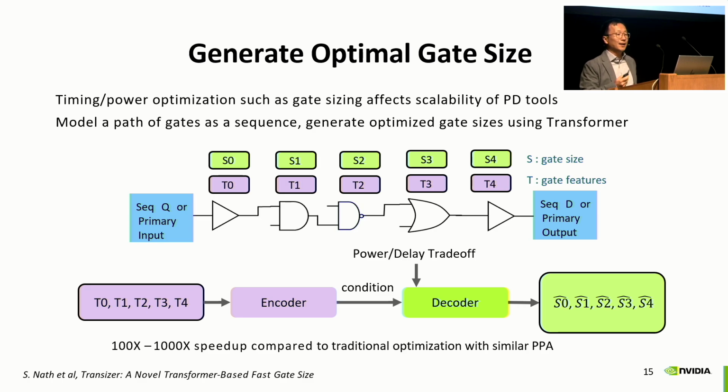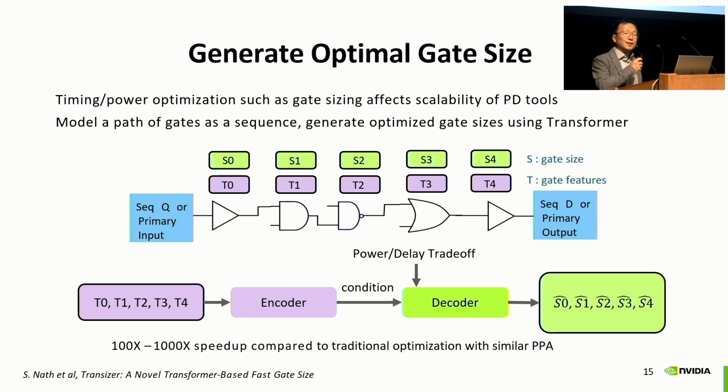So we investigate one of the main optimization transforms called gate sizing. Let's consider all the combinational gates on a timing path. Each gate has its own physical and electrical features, such as T0, T1, T2, all the way to T4. And our goal is to predict its optimized gate size, such as S0, S1, all the way to S4.